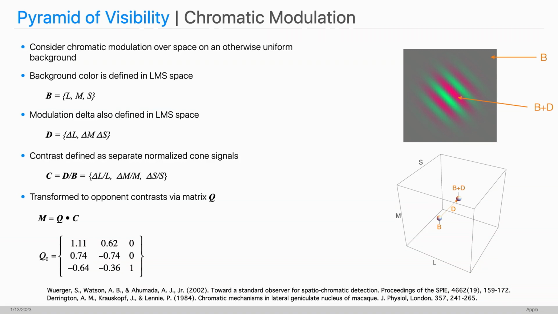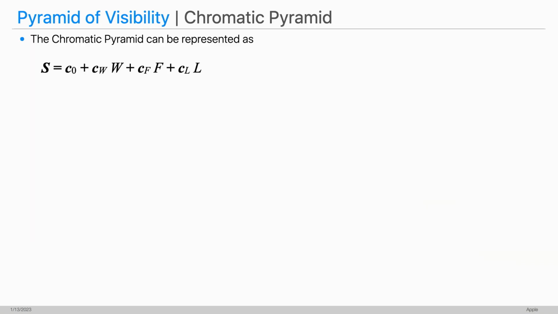So it's an achromatic modulation, a red-green, and a yellow-blue. So that's the stimulus. How do we build the pyramid? Well, we basically just have the pyramid that you've seen previously, except that these terms, S, C0, CW, are now all vectors of length 3.